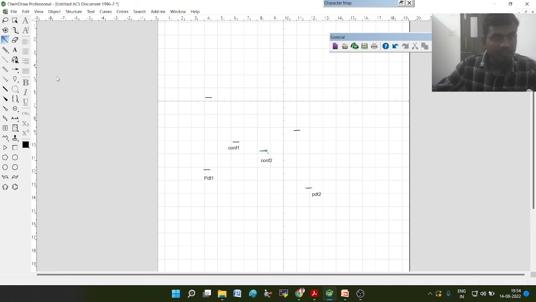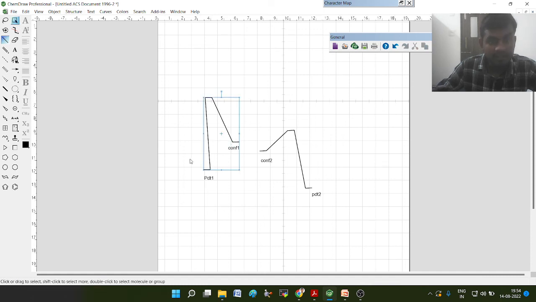So I will just draw some lines, and it will give you the familiar potential energy diagram. Conformation 2 followed by the transition state is giving our product 2, right? So this part is the transition state. And conformation 1, which is high energy, has a high energy transition state, and it is giving us the high energy product.